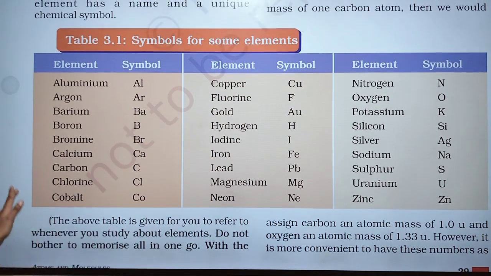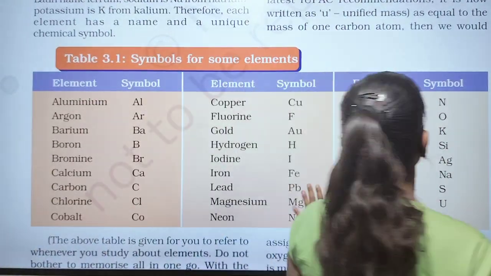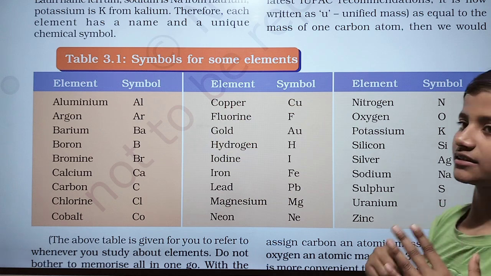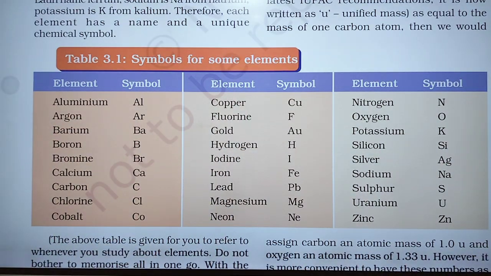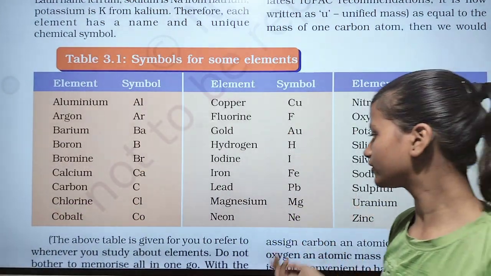We do not have to learn this like a formula. If we study and practice some solution questions, we will know the names: B for boron, Br for bromine, Ca for calcium, C for carbon, and many more.